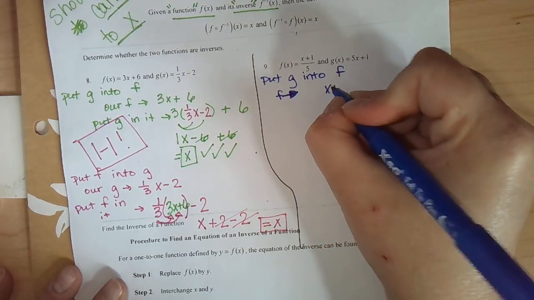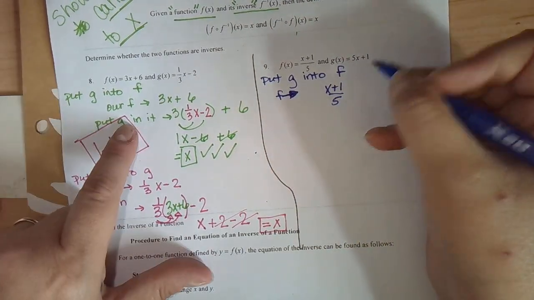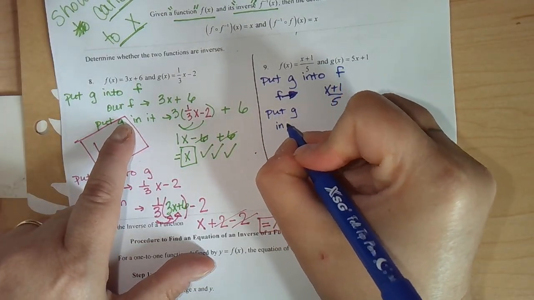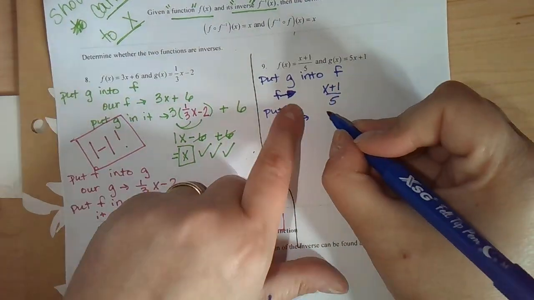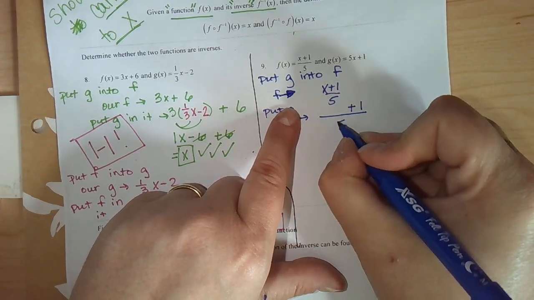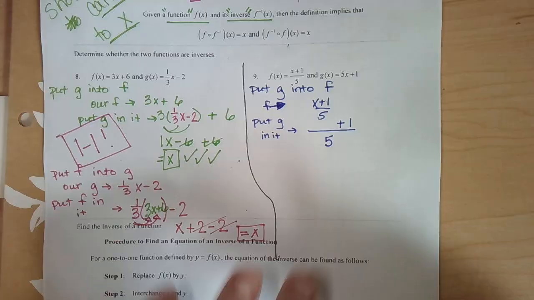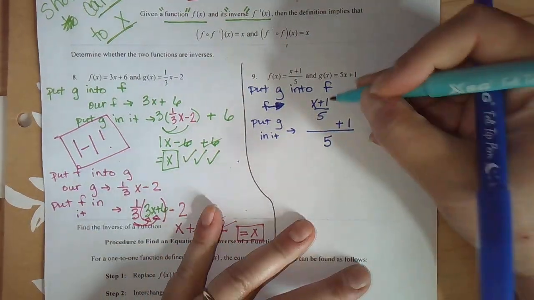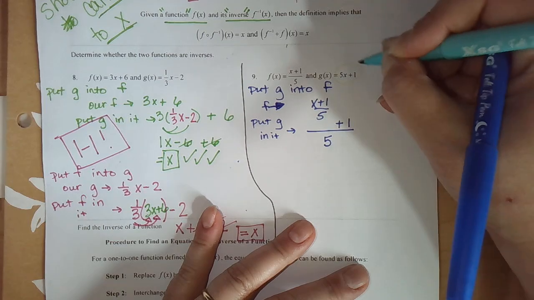It looks like x plus 1 over 5. Okay, now we're going to put the g in it. So instead of x plus 1 over 5, we have something plus 1 over 5. And that little something we have is whatever your g of x is.